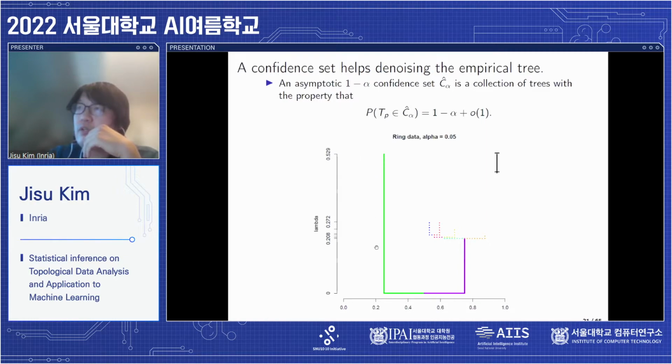And these leaves have a length that is larger than this confidence set. Then we will say that these leaves are statistically significant, which means that when you compute the cluster tree 100 times, then for more than 95% of the times, we will see these leaves in the bold color. But these small leaves don't have that kind of guarantee.